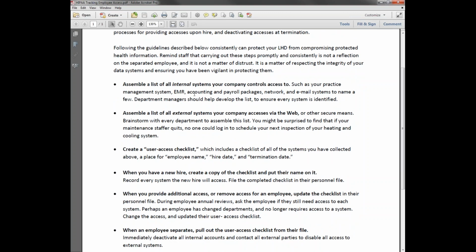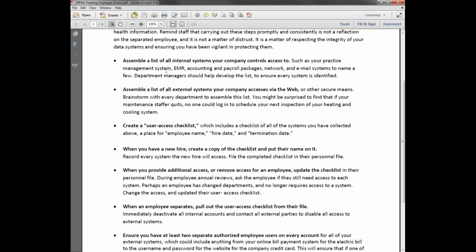So to go over some of them here, assembling a list of all internal systems your company controls accesses to, such as your practice management system, your EMR, any accounting and payroll packages, your email systems, your network.